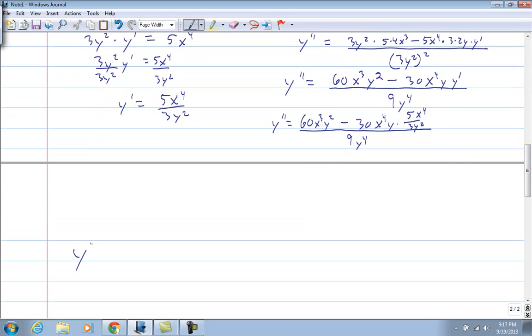Rewrite that here: y double prime equals 60x cubed y squared minus 30x to the fourth y times 5x to the fourth over 3y squared, all over 9y to the fourth.